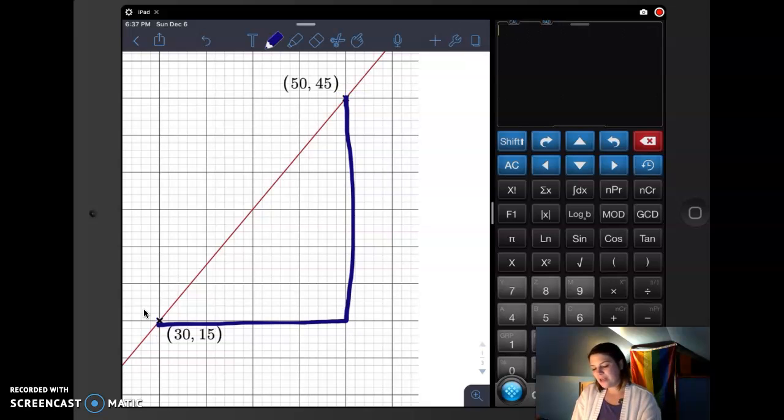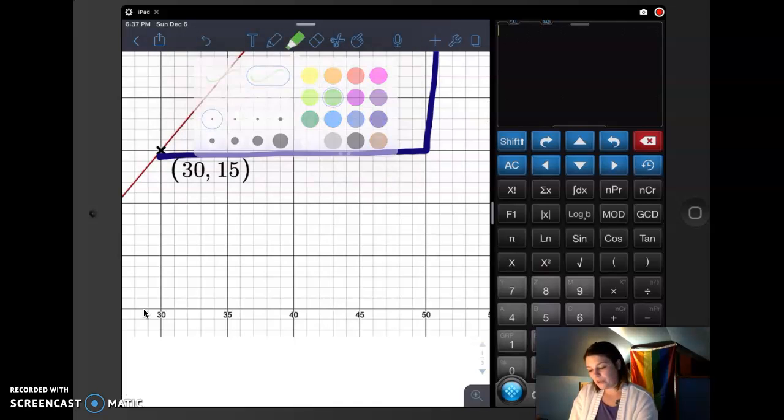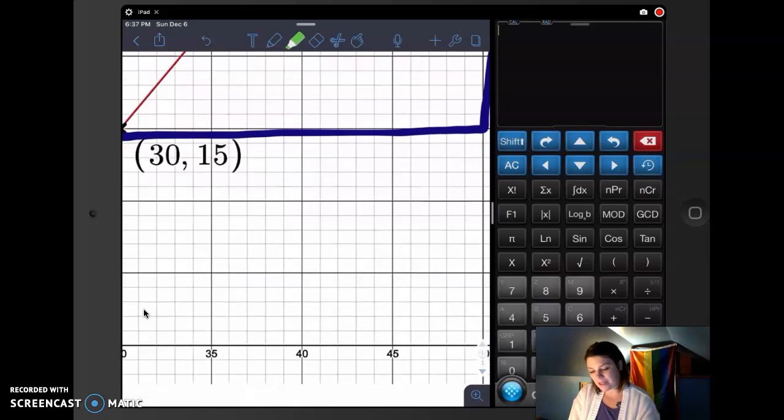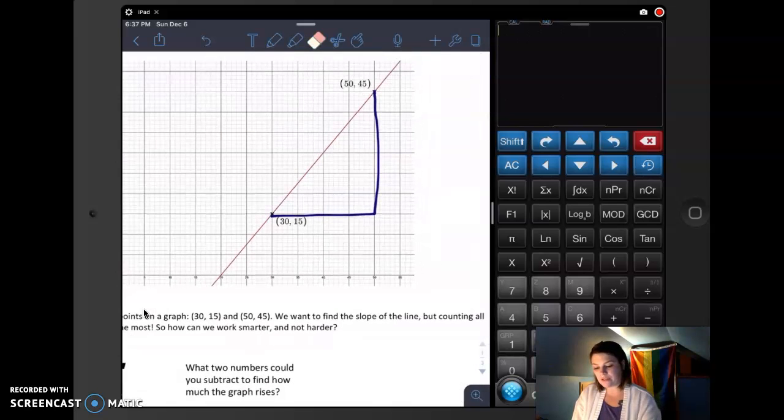Okay, so I could go through and use my strategy here where I'm going to count every single box. So 1, 2, 3, 4, 5, 6, 7, 8, 9. Not practical. Really, really not practical to spend that much time to find the slope.